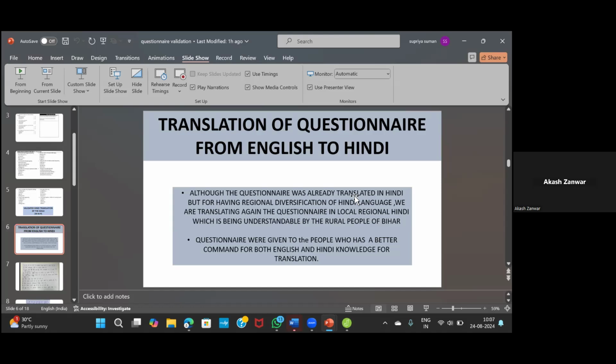Questionnaires were given to people who have a better command of both English and Hindi for translation. For my thesis, I gave this questionnaire to my school and college friends, who know both English and Hindi better, and who already have experience of the local regional language of Bihar.